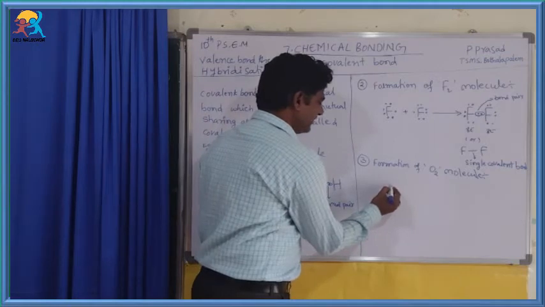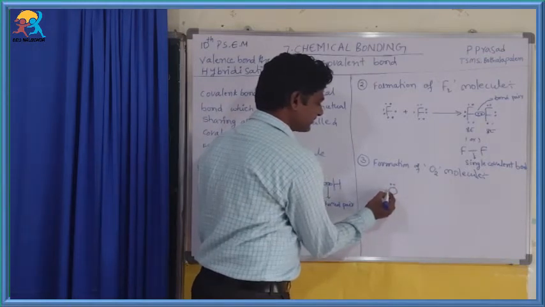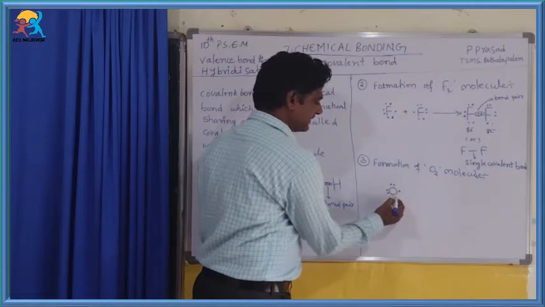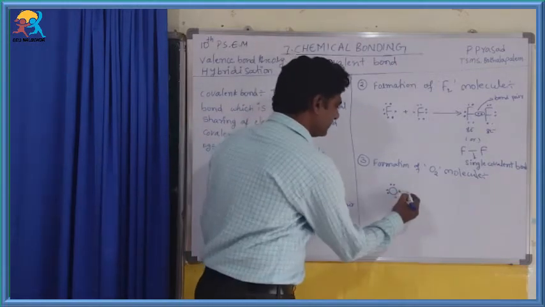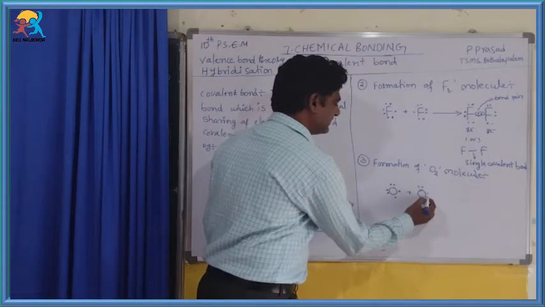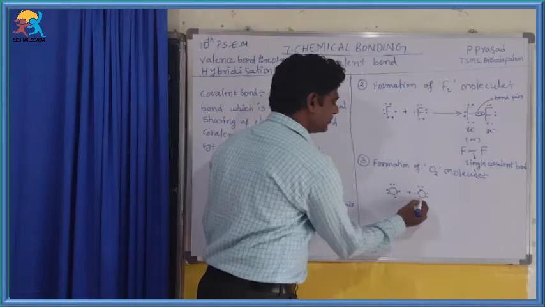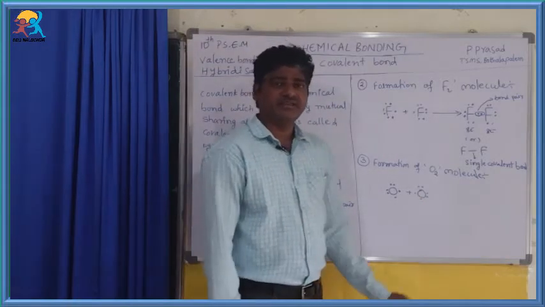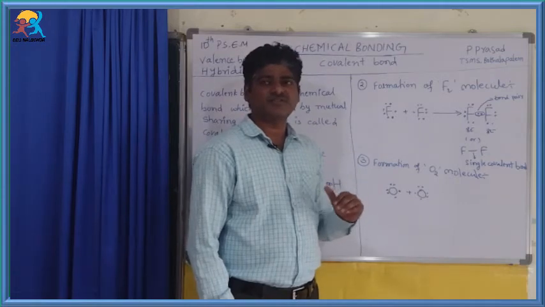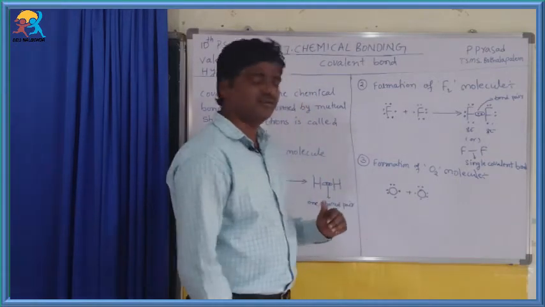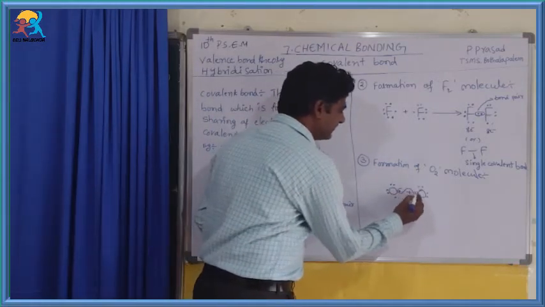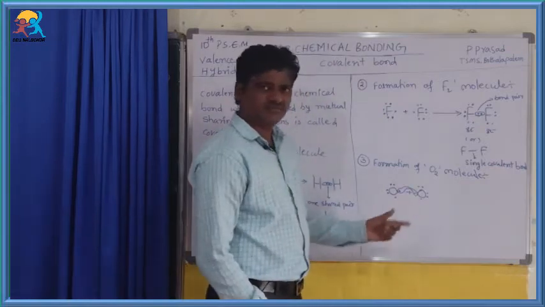We write 6 dots around the oxygen atom: 1, 2, 3, 4, 5, 6. Another oxygen atom also has the same 6 electrons. Here each atom requires 8 electrons in the outermost shell, so to get 8 electrons, 2 electrons are shared between the 2 oxygen atoms.